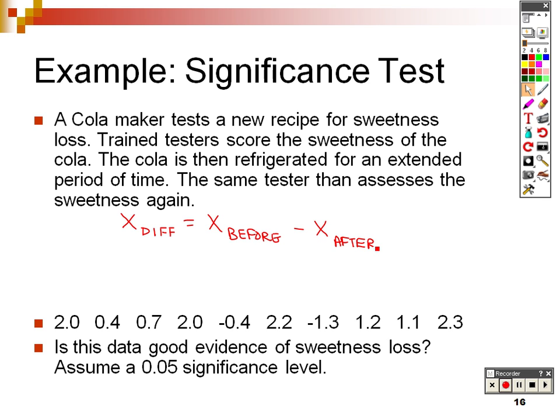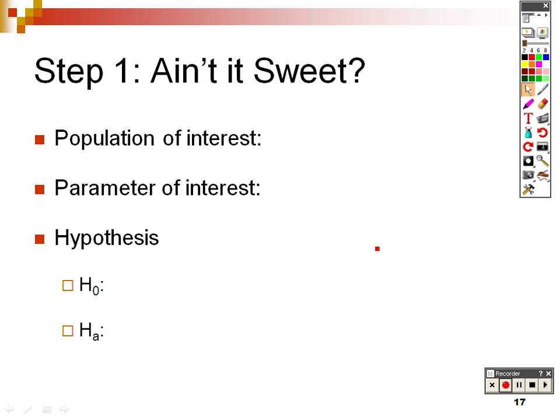Here's the question. Is this data good evidence of sweetness loss? So that's a significance test. Let's assume that we're dealing with a 0.05 significance level. Okay. So same questions we've been practicing. So you can think of this as a dry run, at least at this level, for the test that you're going to take on Friday.